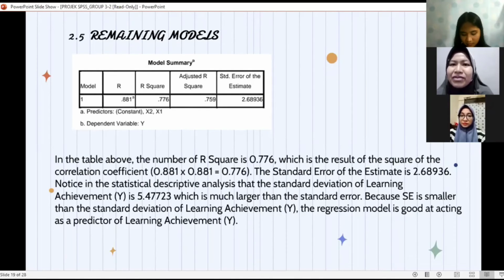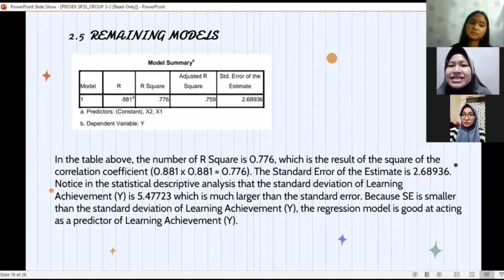In the model summary table above, the R square is 0.776, which is the result of the square of the correlation coefficient, or 0.881 multiplied by 0.881 is 0.776. The standard error of the estimate is 2.6x936.